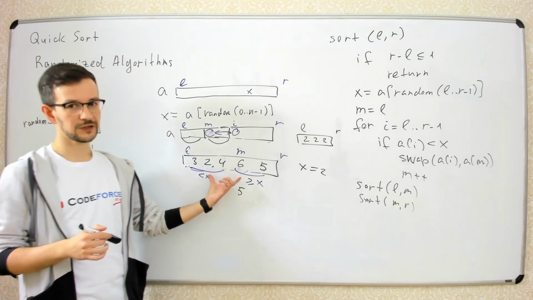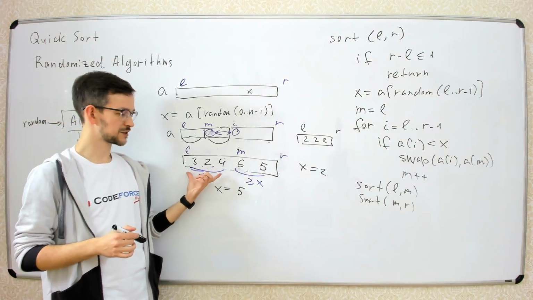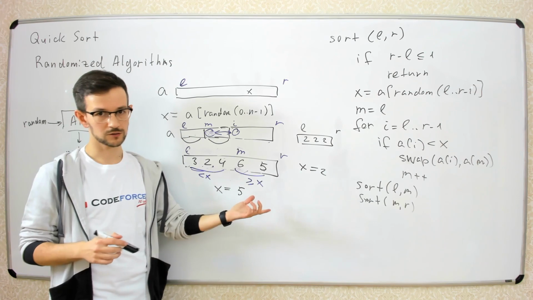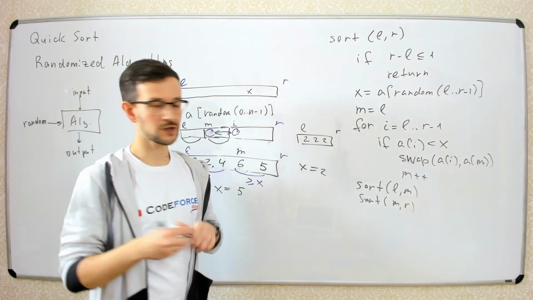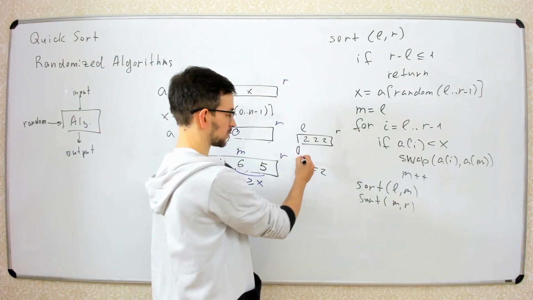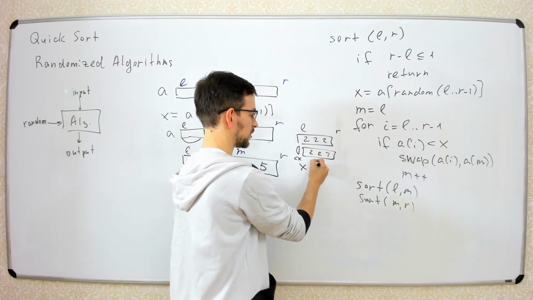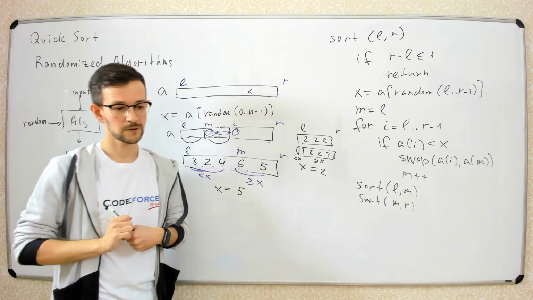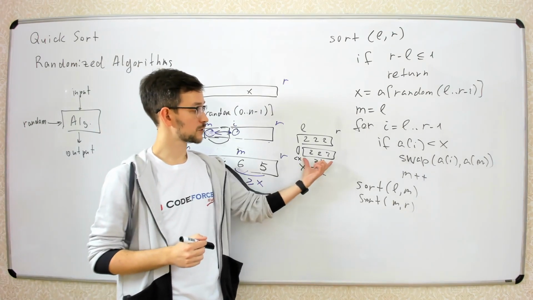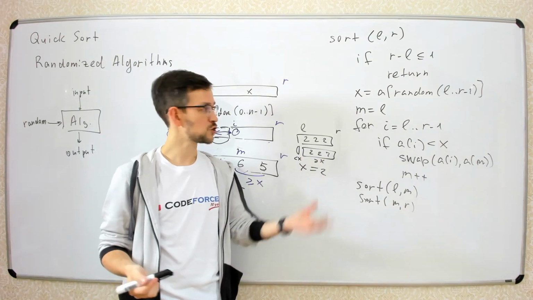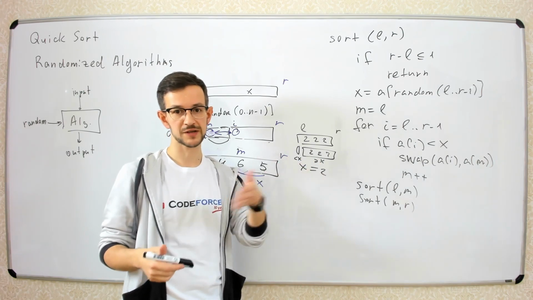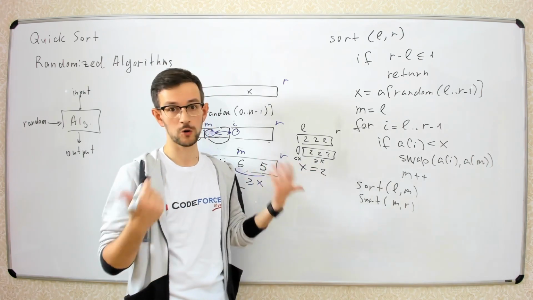Now you try to split the array into parts, elements less than 2 and elements greater than 2. You have no elements less than 2, so you have an empty set of elements less than x and all elements greater or equal to x. You call the same procedure, you have the same array. So each time you have the same array. You cannot split these elements into 2 groups because they are all equal.